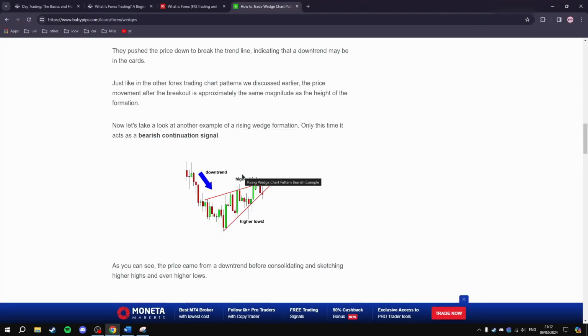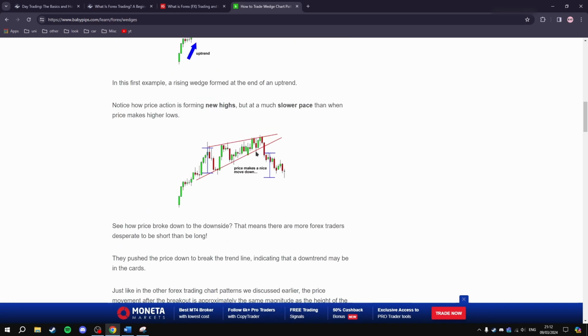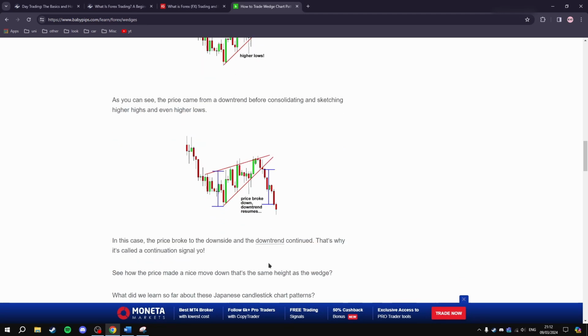Falling wedge. As you can see, the price came from a downtrend before consolidating and sketching higher highs and even higher lows. Higher highs, but the higher lows are rising faster than the higher highs. Same as this one. Price broke down, downtrend resumes.